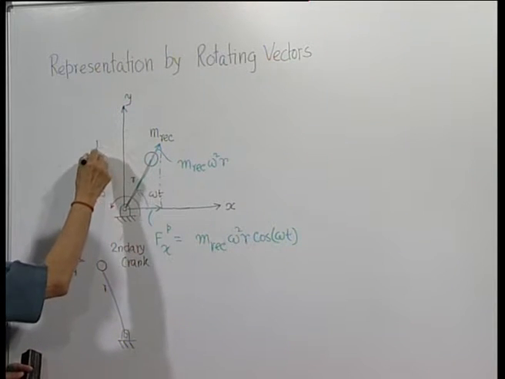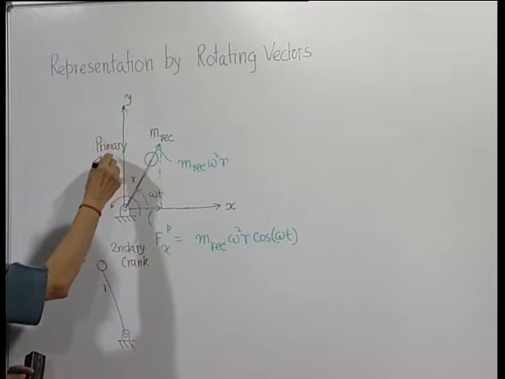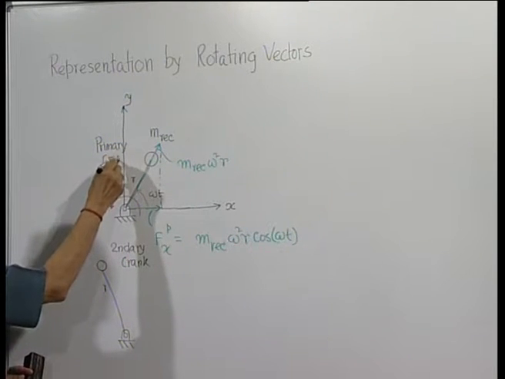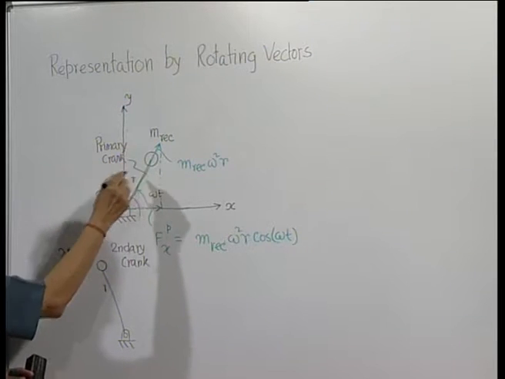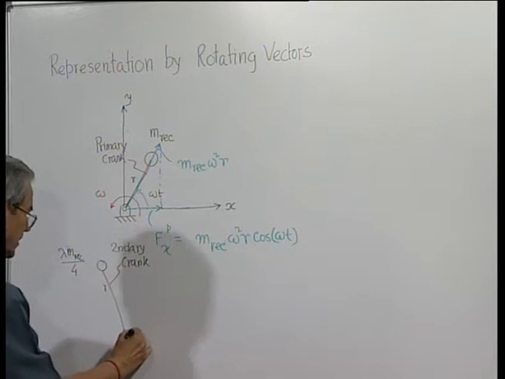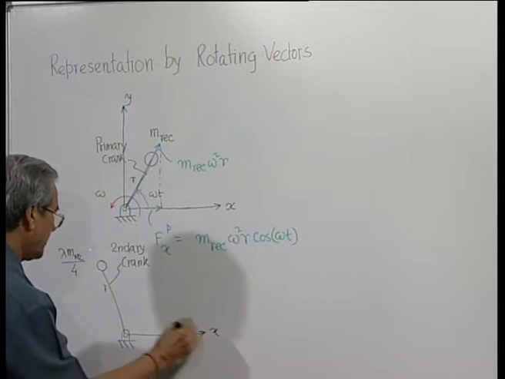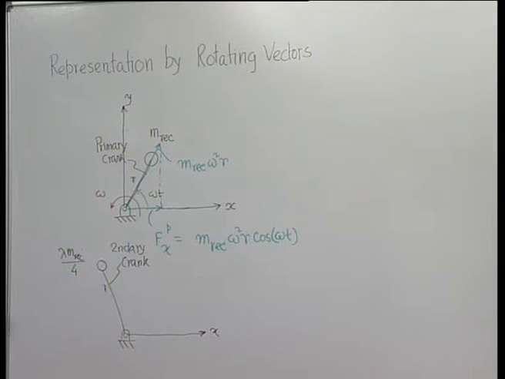This is the primary crank. These terminologies will be useful at a later time, and let us allow this secondary crank to rotate at a speed double the speed of the primary crank. That means, with a speed 2 omega.